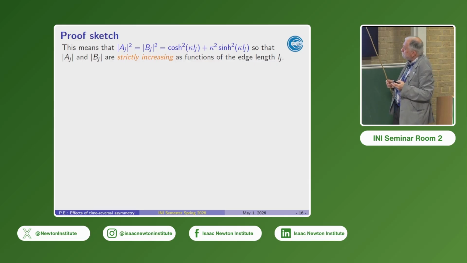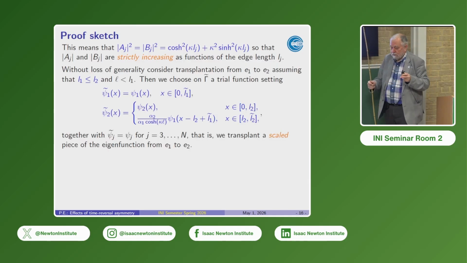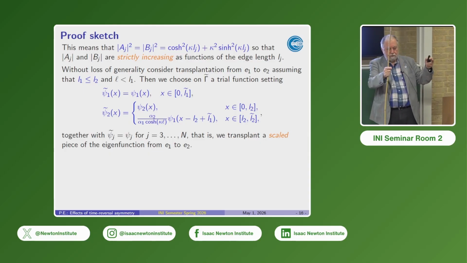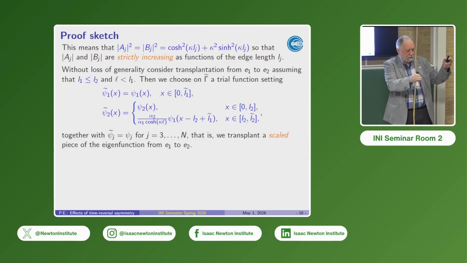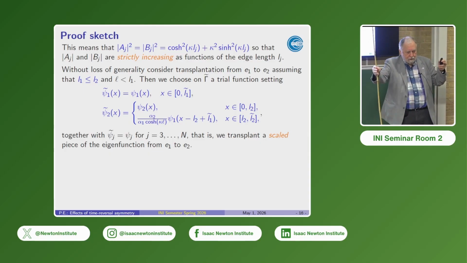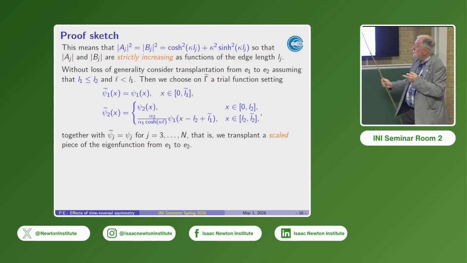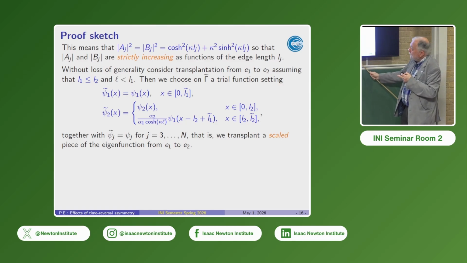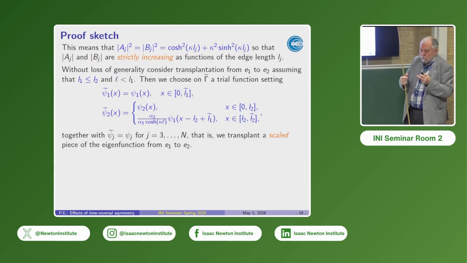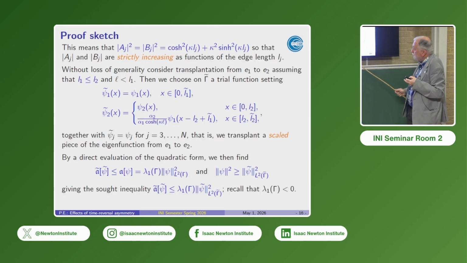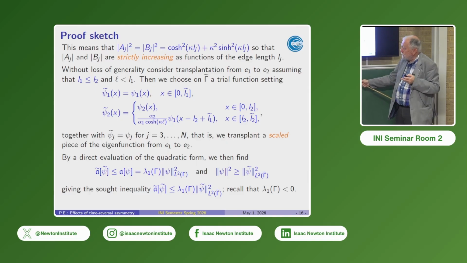And now I construct a trial function. For the edge which is shortened, I simply cut the function, and for the one which is extended, I take the function which was there and add a piece of the function from the first edge, like that. Of course, I have to choose a coefficient in such a way that I join them smoothly. Now I compute the value of the quadratic form and find these inequalities.